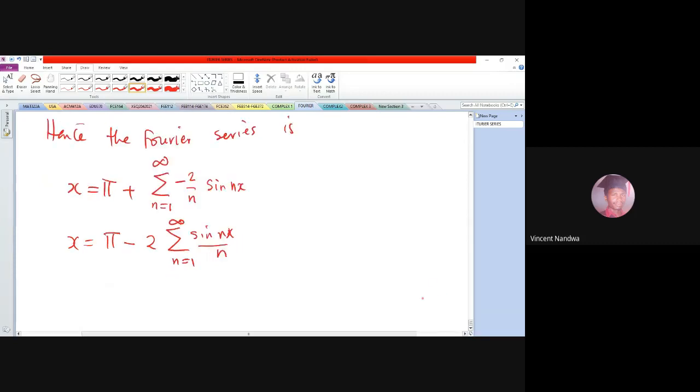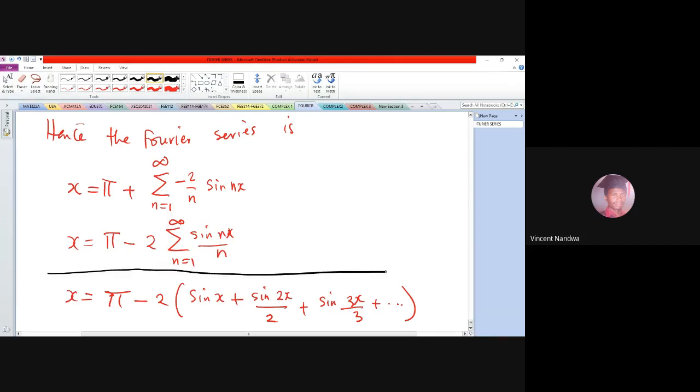You can write it in expanded form as x equals pi minus 2 times sine x plus sine 2x over 2 plus sine 3x over 3 plus other terms. So this is the Fourier series of the function f of x equals x from 0 to 2 pi.